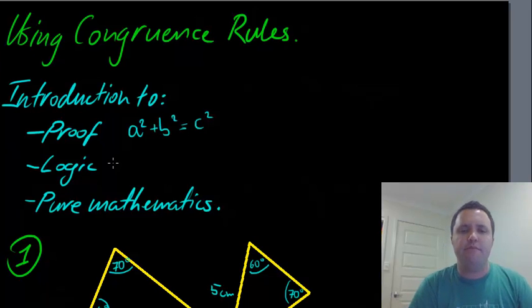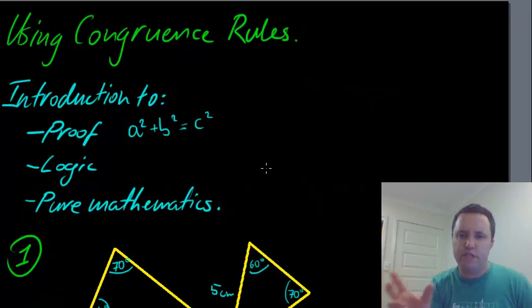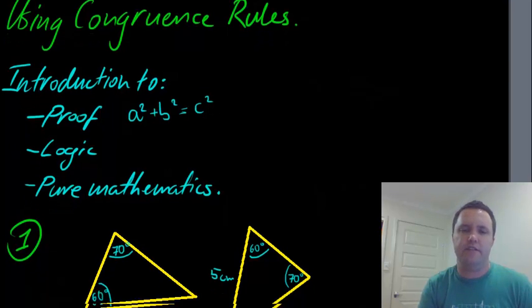And pure mathematics is one of my favorite areas of mathematics, which is looking at the core of mathematics, not worrying about the fluff of arithmetic or calculations, really just going into how these numbers behave. So that's what we're looking at, some introductions to that stuff with these congruence rules and using them.